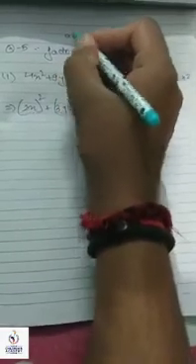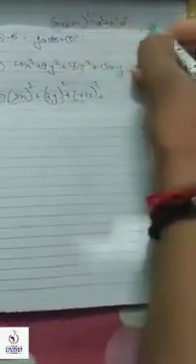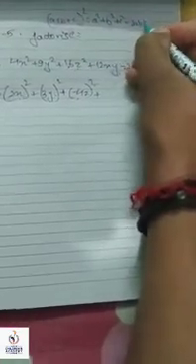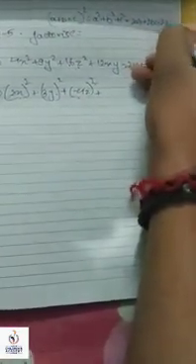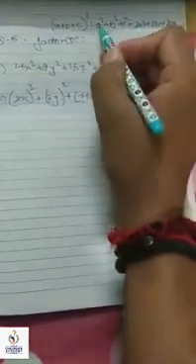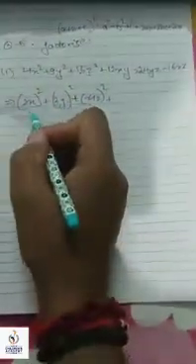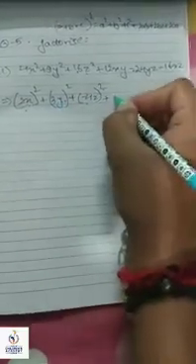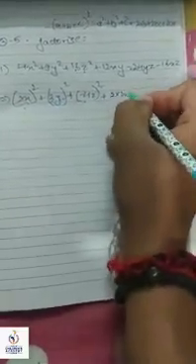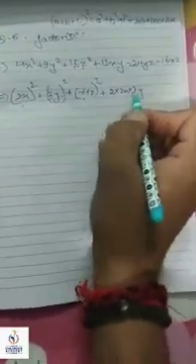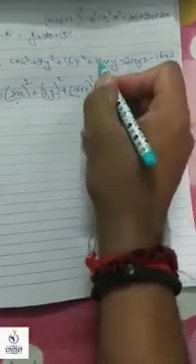Okay, now see, here is 2x, here is 3y. Already we know the formula that (a + b + c) whole square is a square plus b square plus c square plus 2ab plus 2bc plus 2ca. Here a into b means 2x into 3y, so we can write 2 into 2x into 3y. Now check it, 3 twos are 6, 6 twos are 12, so it will be 12xy.